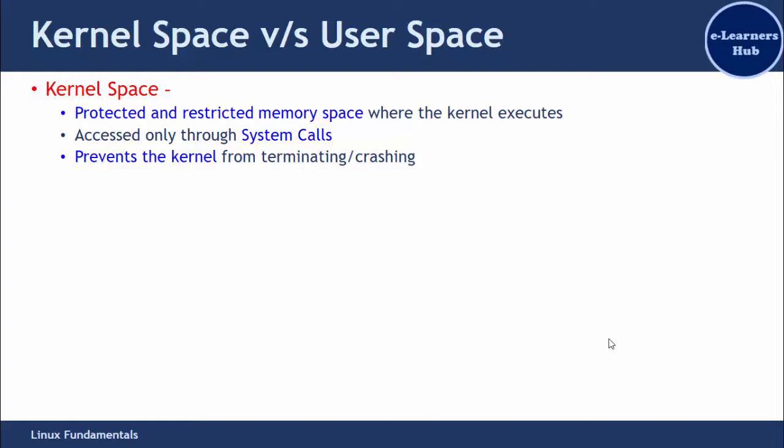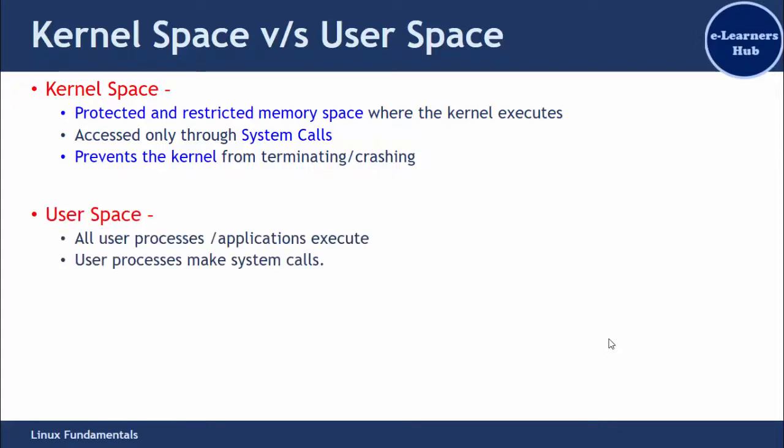So it prevents the kernel from terminating or crashing. The advantage of running all the system processes in the kernel space is that it prevents the termination of the kernel. The kernel is not overloaded with the other user related processes. This is where the kernel space takes care of all the system processes or the kernel processes.